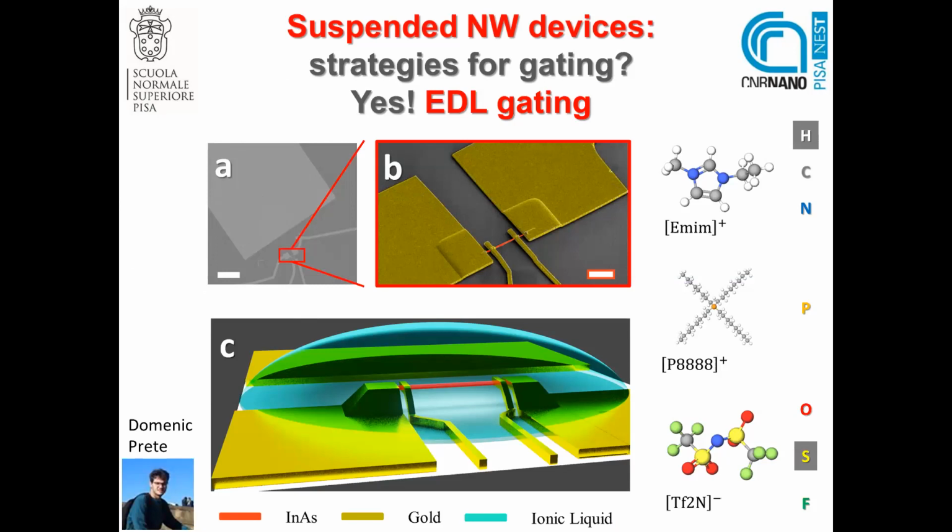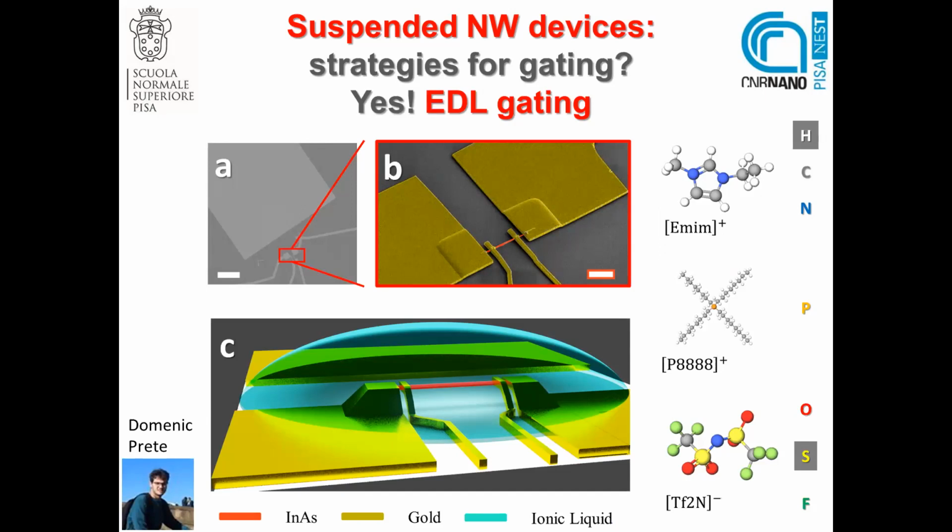As the electrolyte, we use ionic liquids, on which we have some expertise already, and we know they are nicely operating with III-V semiconductor nanowires. So basically, this is our starting point. A suspended nanowire device equipped with 4 electrodes and counter electrodes, which allows to polarize this droplet of ionic liquid, which is surrounding the whole device.